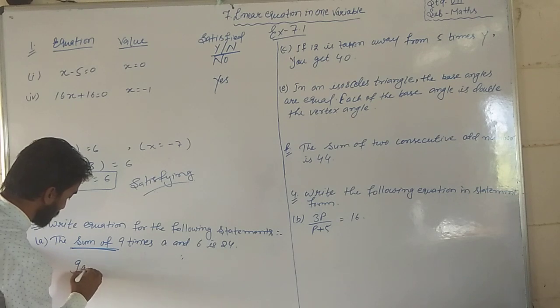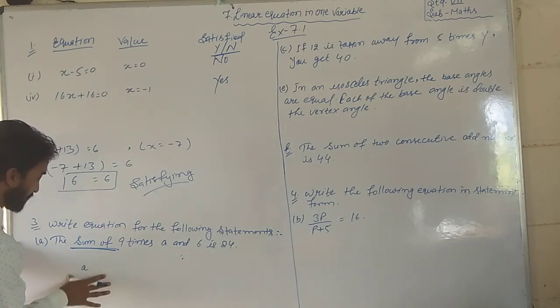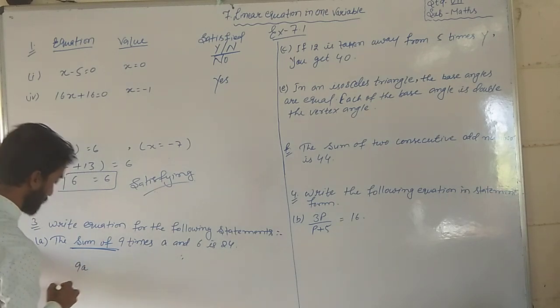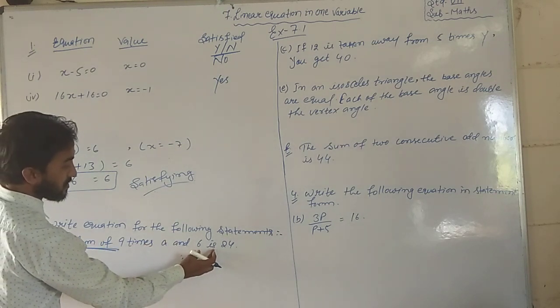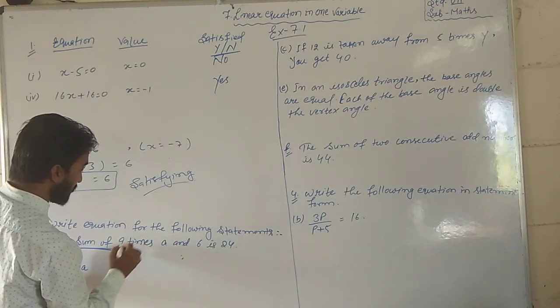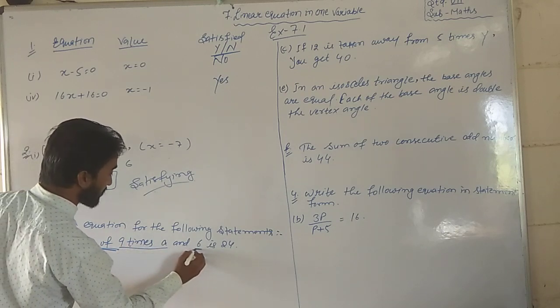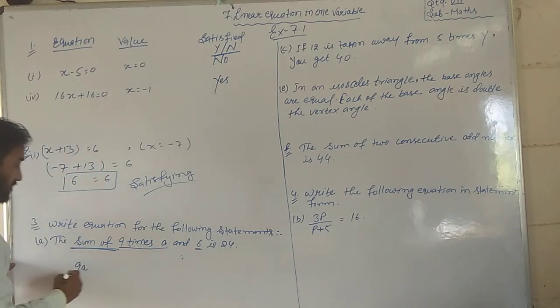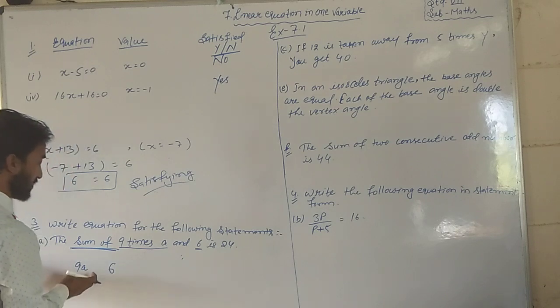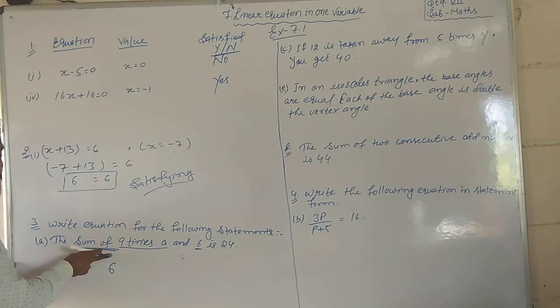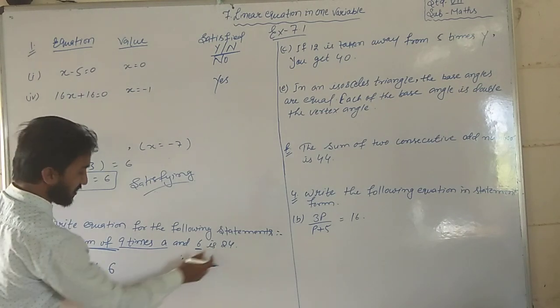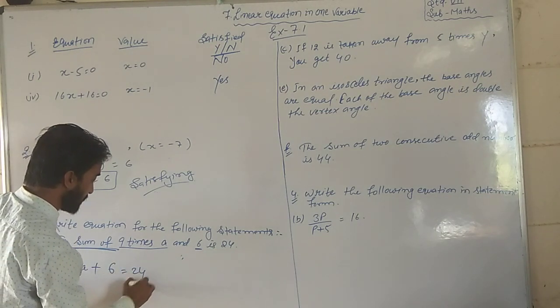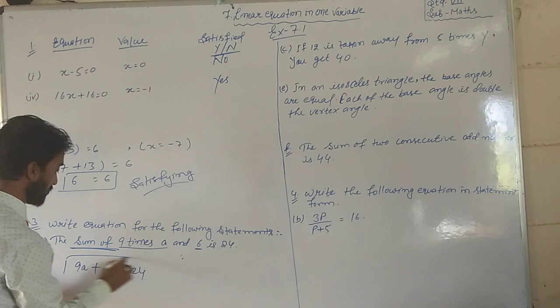So 9 8 is one term and the second term is 6. 9 8 and 6. What do we have to find? Sum. So between both we will put a plus, 9 8 plus 6, is equal to 24. It is your equation.